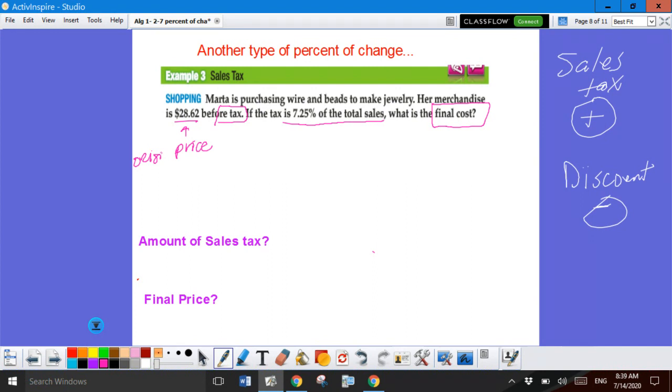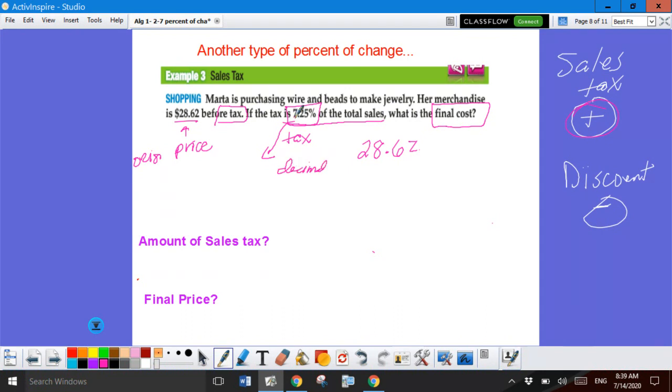And 7.25% of the total is my tax rate. So I know that I'm going to be adding something to my original price. So we're going to go ahead and write down the original price here. The next thing we have to figure out is what is 7.25 as a decimal?